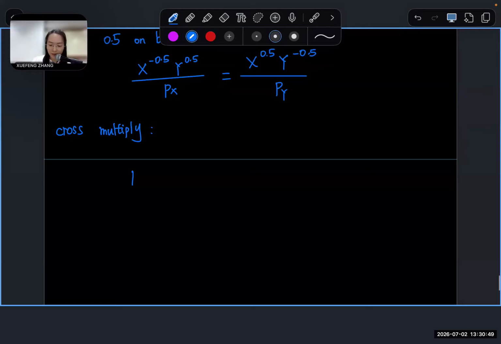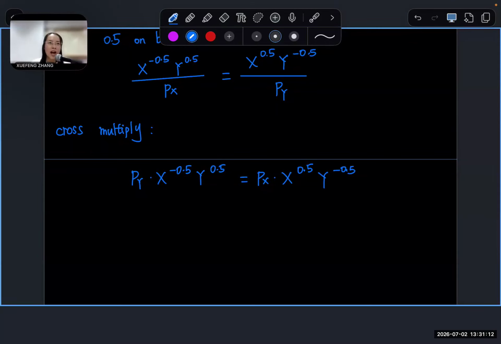So we have py times x power negative half, y power half equal px times x power half, y power negative half, okay? Sounds a little messy, right?